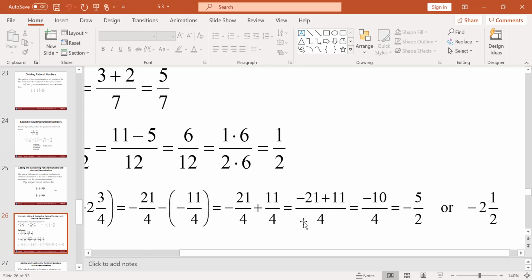You don't add their denominators. That's not how that works. And you're going to end up with -21 plus 11 on top. -21 plus 11 is going to be -10. So you'll have -10 over 4, which reduces to -5 over 2.